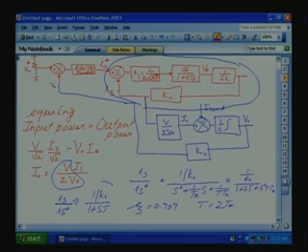So, the whole block circled by the green line, we can represent by 1 by Ki by 1 plus STr. From this, let us draw the voltage loop.